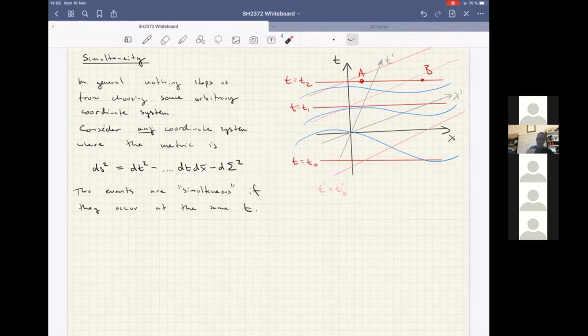So any definition of simultaneous is going to depend on what coordinates we have chosen. And therefore, just as in special relativity, in general relativity, the concept of simultaneity is not a very strong concept. It's not a very generally well-defined concept either. However, it should be said that in some cases, such as in cosmology, there are some standard choices of coordinate systems.